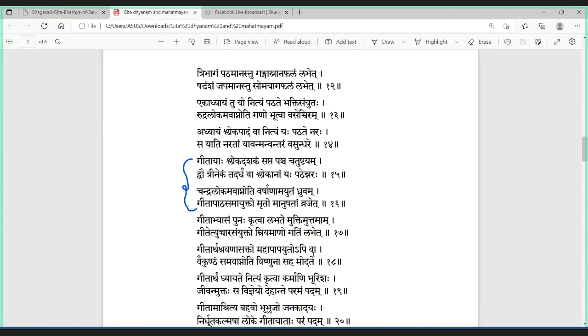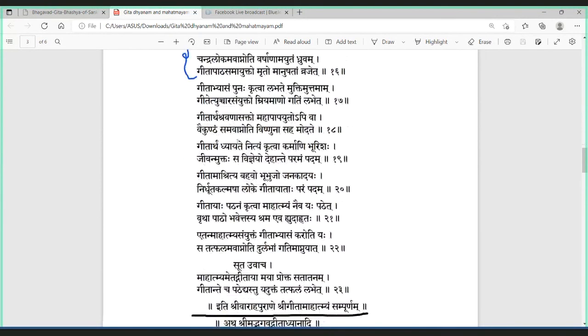labhate gatim. Gitartha shravana asaktaha mahapapayutopi va, vaikuntham samavapnoti vishnuna saha modate. Where am I? Gitartha shravana asaktaha.